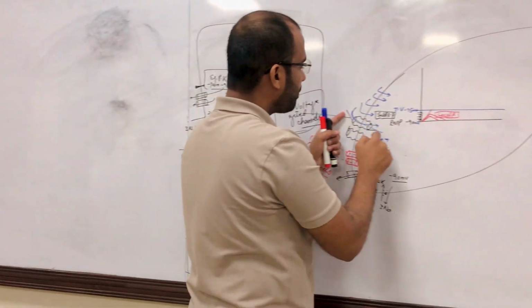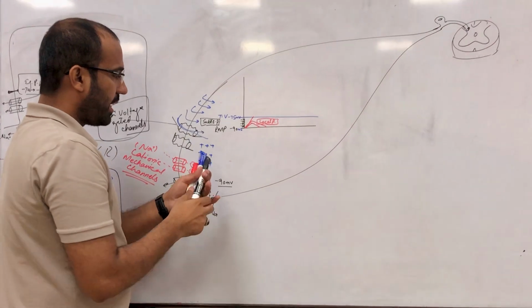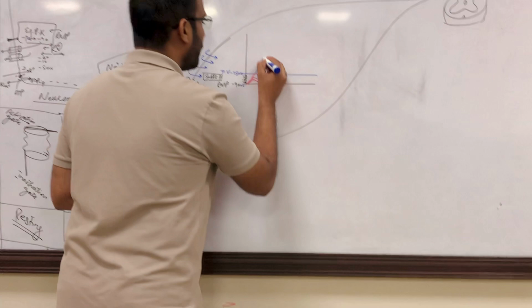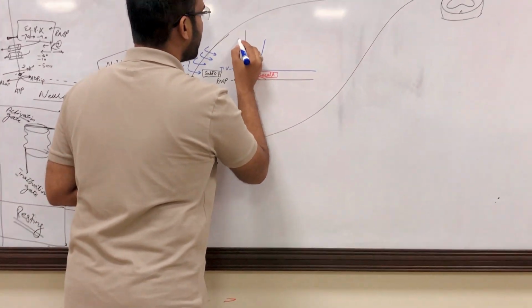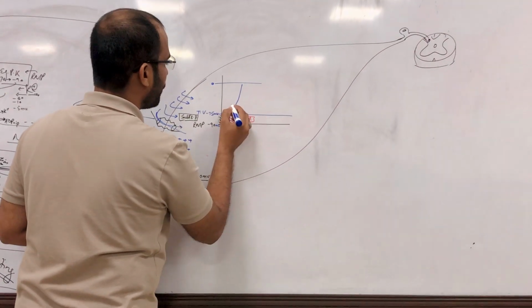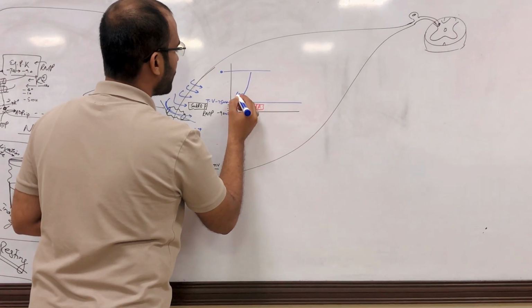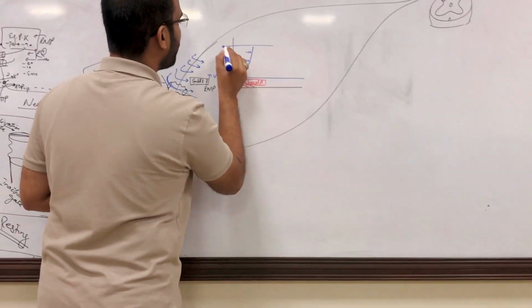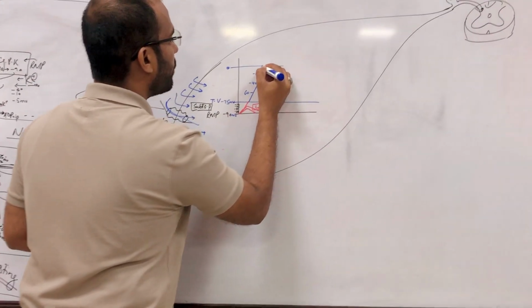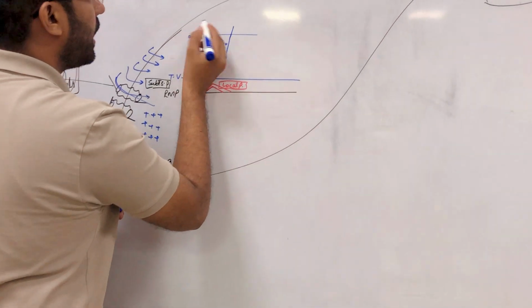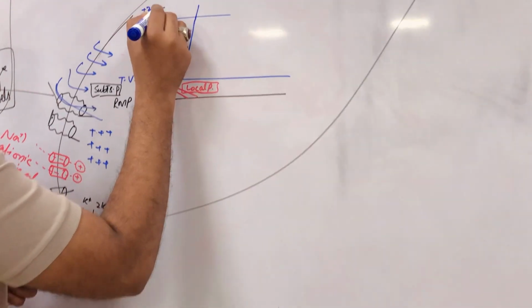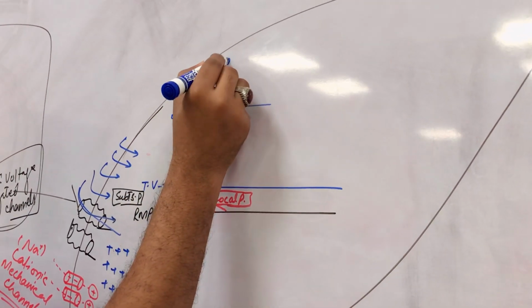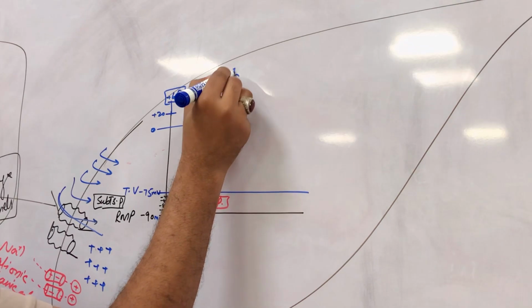Now what happens is that these positive ions come inside and neutralize the cell membrane, and then up to 0, like minus 92, somehow this will become minus 60, then minus 40, then minus 10, and up to 0, and sometimes a little bit of overshoot also. You can say positive 20 and positive 65. Positive 65, remember, is the equilibrium potential for sodium.